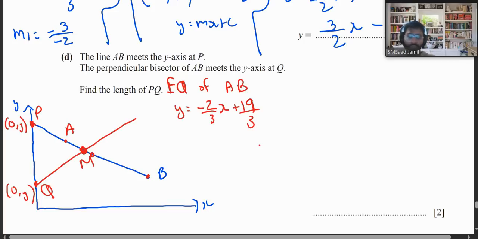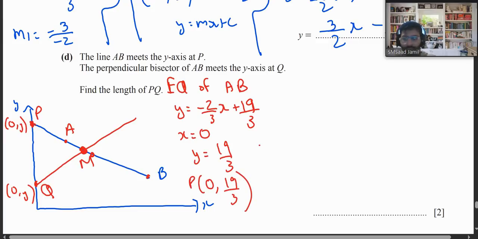So what's the value of y when we plug in x equals 0? 2 multiplied by 0 is 0, 0 divided by 3 is also 0, so y is equal to 19 upon 3. So the coordinates of P are 0, 19 upon 3.